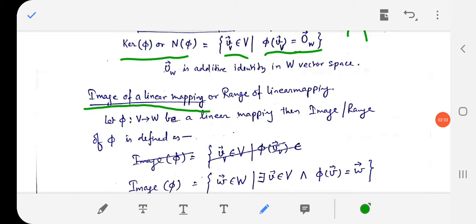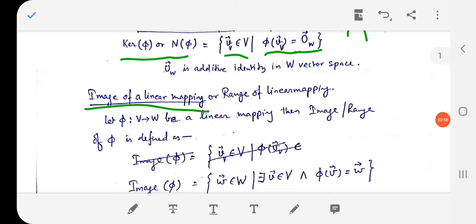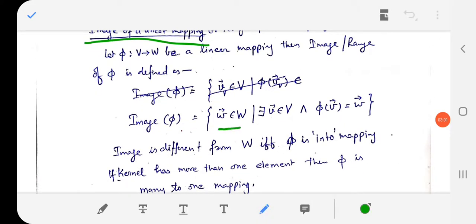The image of a linear mapping is the set of all the points in the codomain, or the output space, that are associated with some element in the input space V. So all those w's which have been associated to some v in the vector space V, the input space.